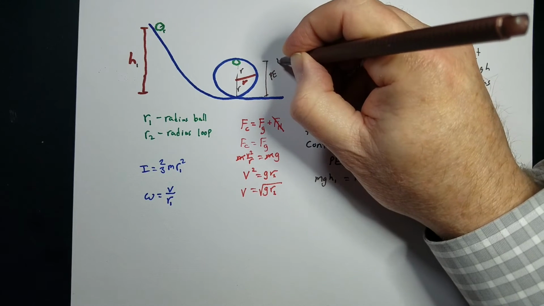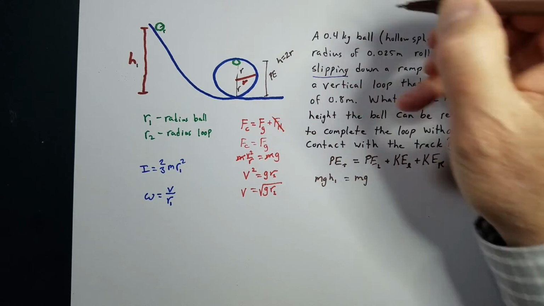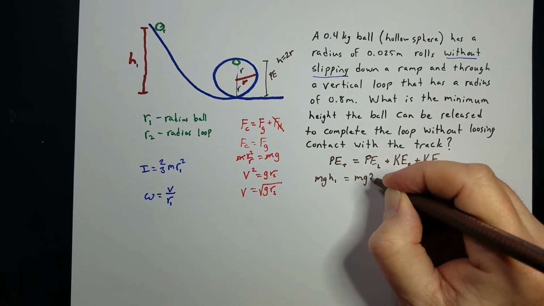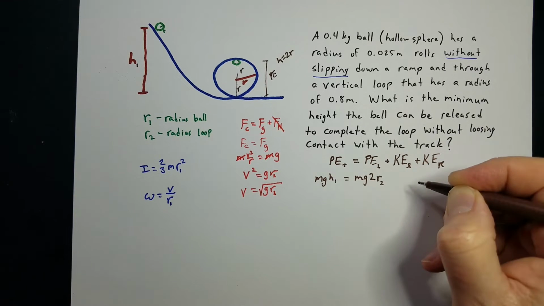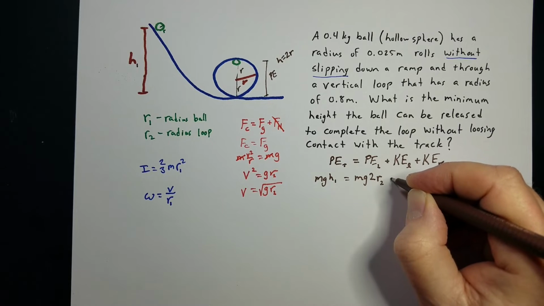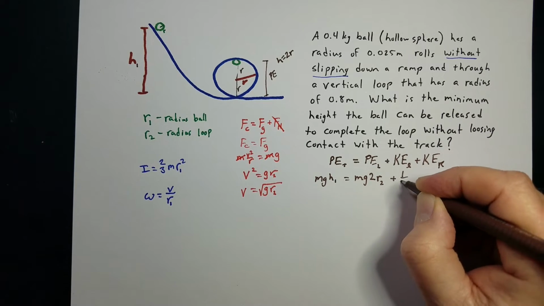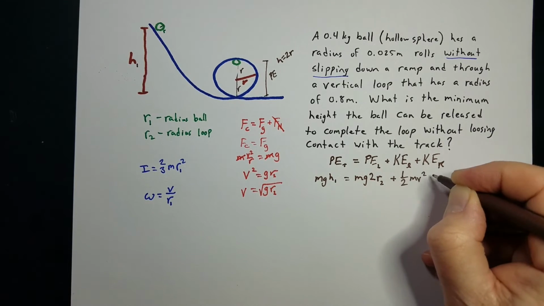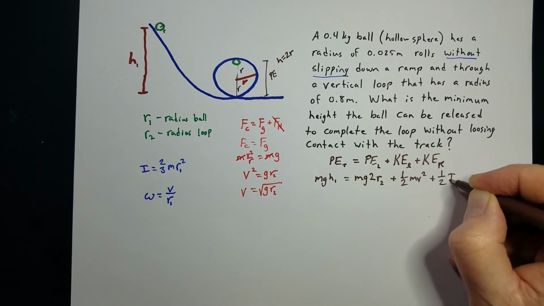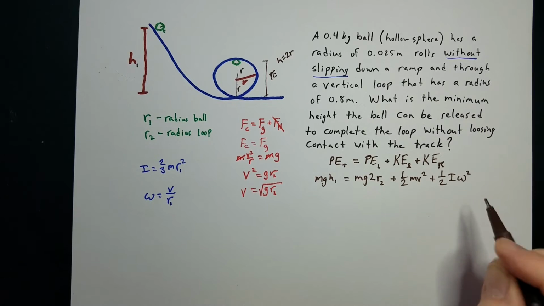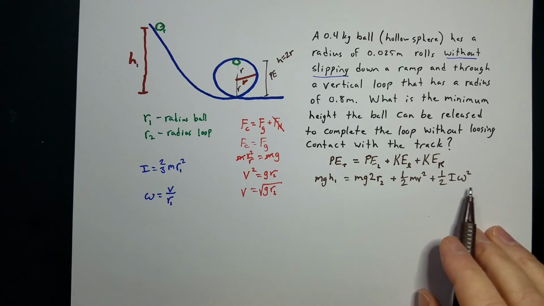I'm going to substitute that in: 2 R2, plus kinetic energy, 1/2 mv squared, plus angular kinetic energy, 1/2 I omega squared. All right, we have a long equation right there.